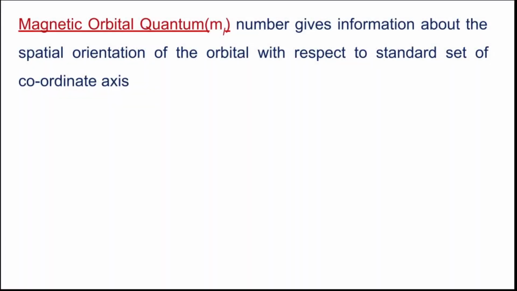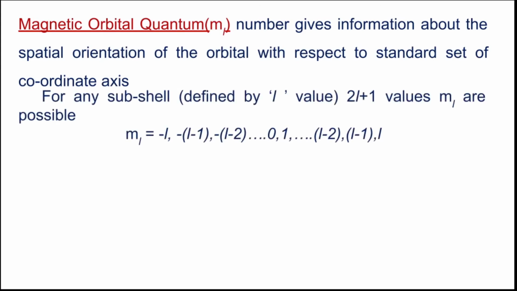So students, according to the magnetic quantum number ml, the number gives information about the spatial orientation. Spatial orientation means how the orbitals are oriented in space with respect to the standard set of coordinate axes. For any subshell defined by L value, 2L plus 1 values of ml are possible.